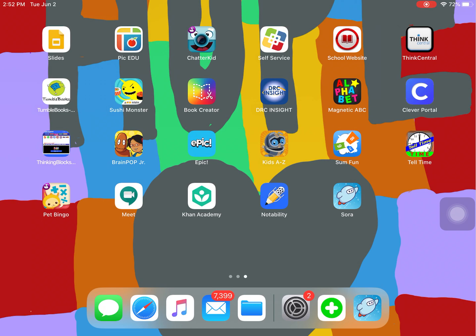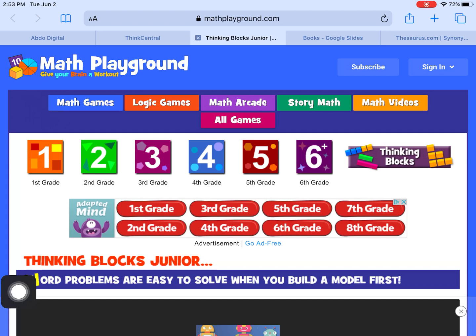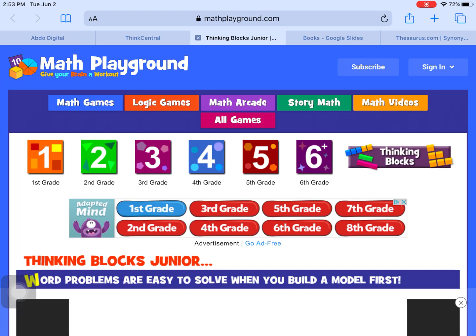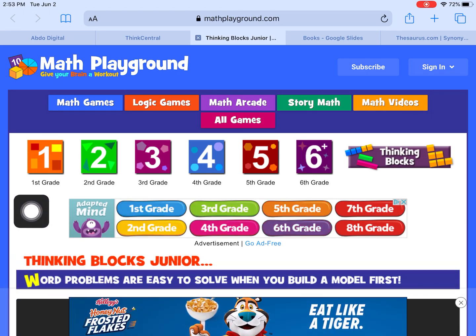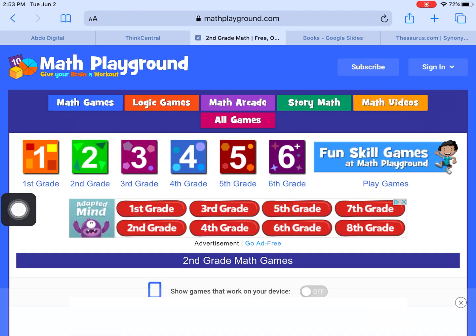We are going to be working again today on the math playground. So I'm going to, on my iPad, come over here where I have the math playground app saved and it says Thinking Blocks. I'm going to go ahead and open that. And right now it looks like I'm in Thinking Blocks Junior. So I'm going to go up to the second grade tab and touch that.